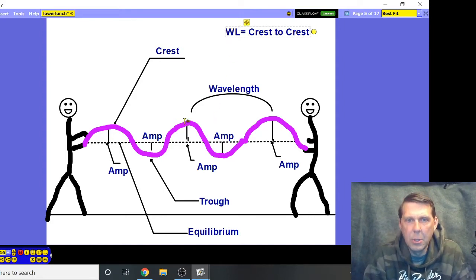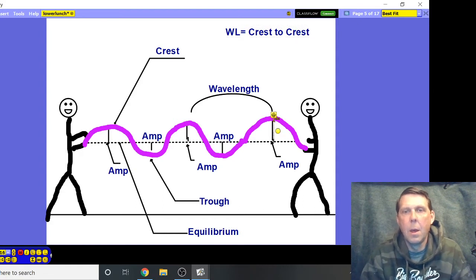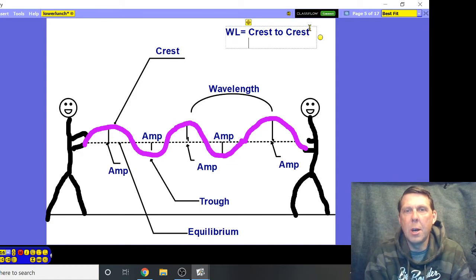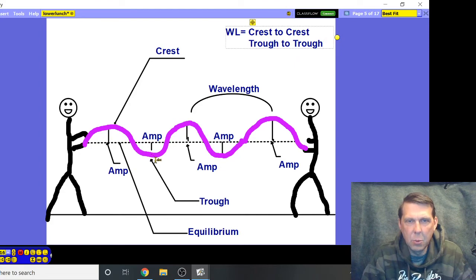I measure from this crest to this crest, and that will tell me the wavelength. Or from trough to trough. So I can measure this wavelength right here, or this wavelength, or this wavelength.